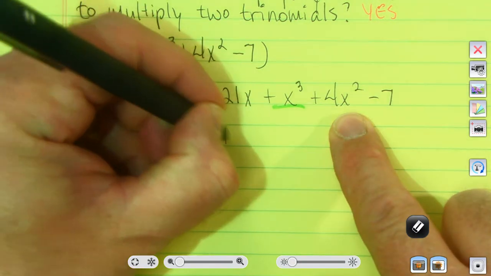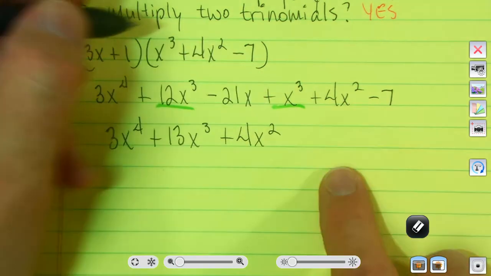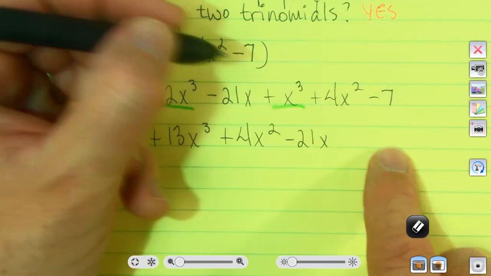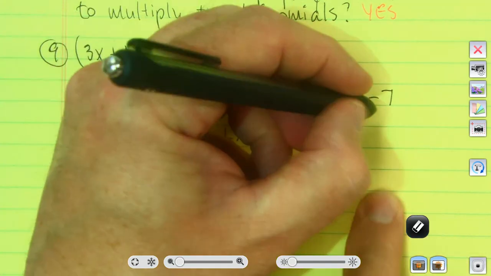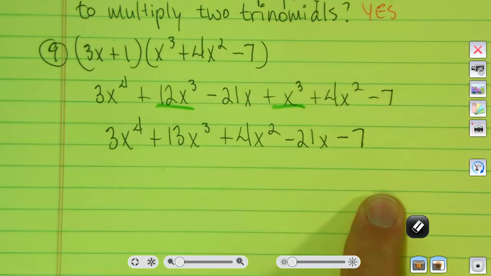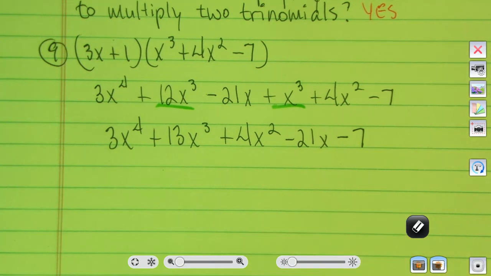So it'll be plus 4x squared minus 21x, and my constant, which has a degree of 0, at the end, minus 7. So when I present my answer, I need to put it in that form so that my answer is in standard form in descending order of the degree of each term. So all I have to do to multiply polynomials is use things I know, use the distributive property and distribute all the way through, and then combine like terms.